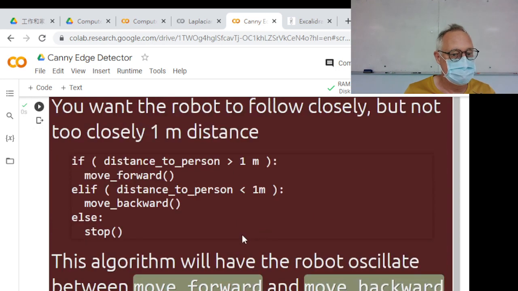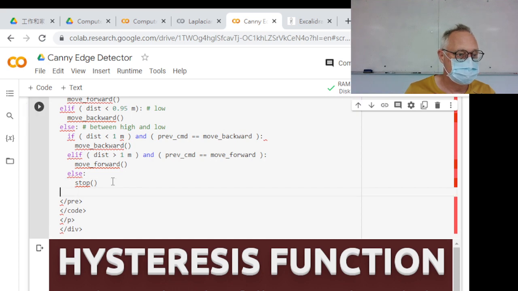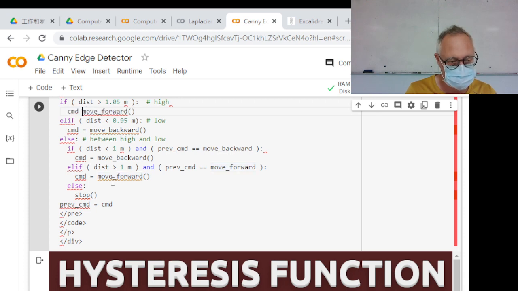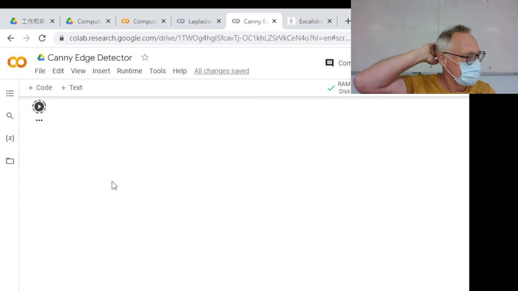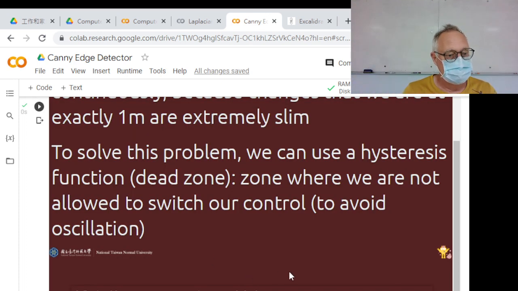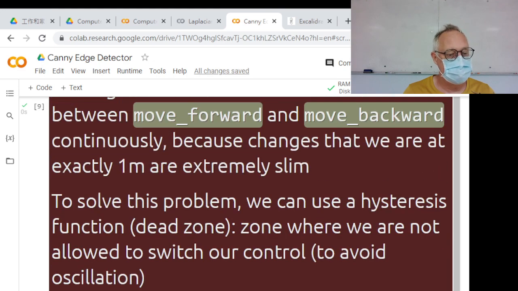Oh, and then I can update previous command. Like this here. So this will be a hysteresis function.